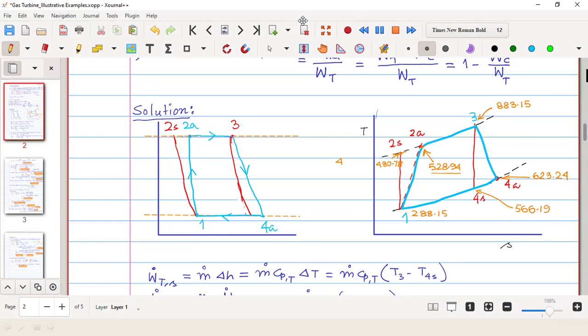And here the turbine inlet temperature is only one, that is 883.15. In the case of the isentropic process in the turbine, it is 566 after the full expansion. All these temperatures are in Kelvin.